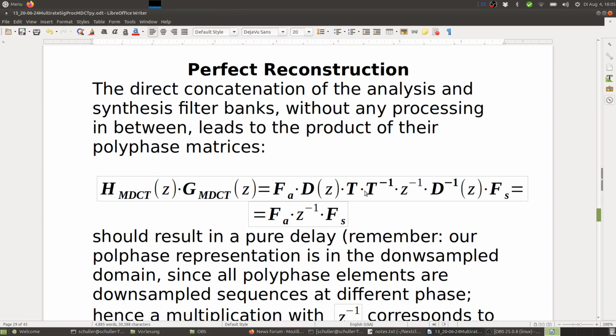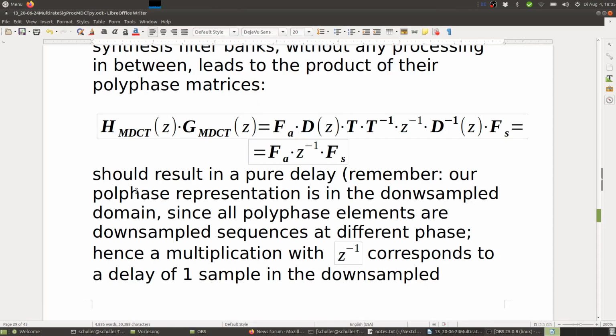And we can see here the T's cancel in the middle. This becomes identity. Then the D's, so z to the minus 1, can be brought to the end. Then the D's cancel basically, and then what's left here is Fa times Fs, right? So this should result in a pure delay.